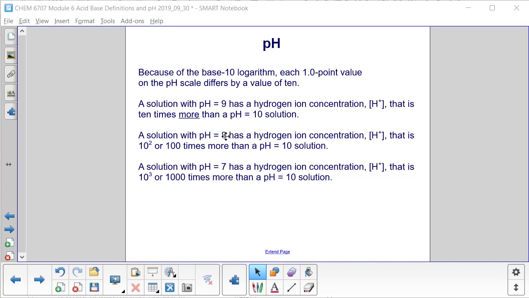A solution with a pH of 8 has a hydrogen ion concentration that is 10 to the second or 100 times more than a pH 10 solution. A solution with a pH of 7 has a hydrogen ion concentration that is 10 to the third or 1,000 times more than a pH 10 solution.